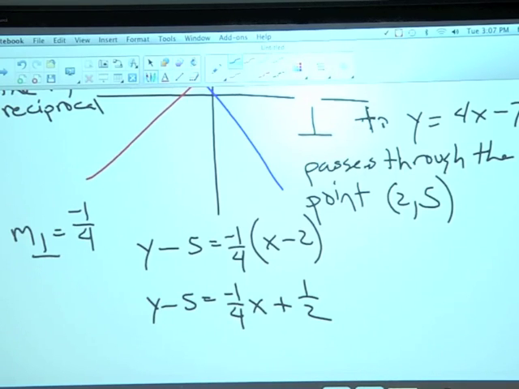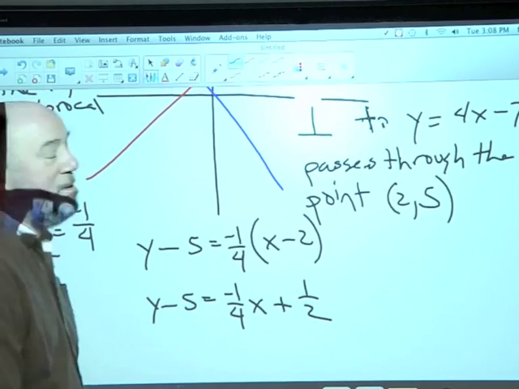I got negative 1/4 times negative 2, which is a negative times a negative, so it makes it a positive. So you end up with 2 over 4, which can be reduced to 1/2. Right? Next step is to bring the 5 over.